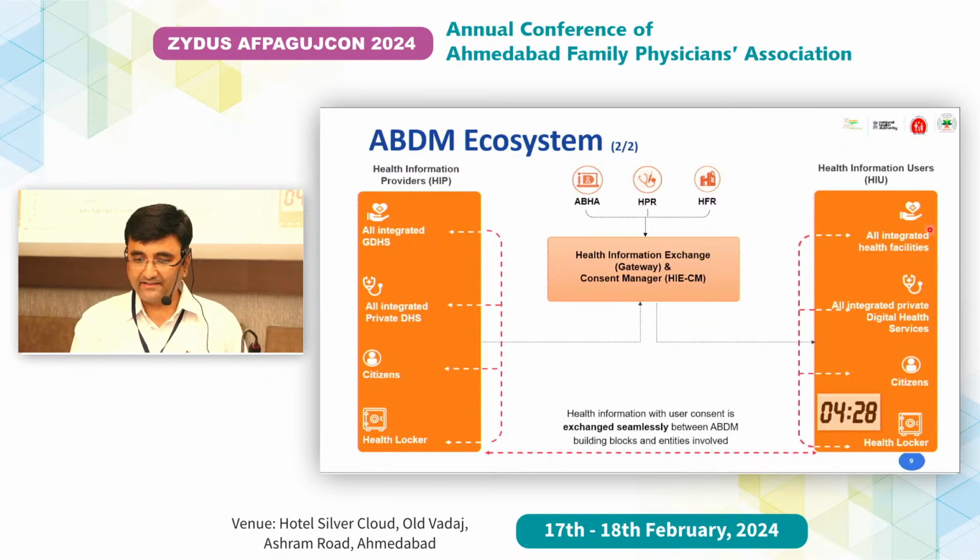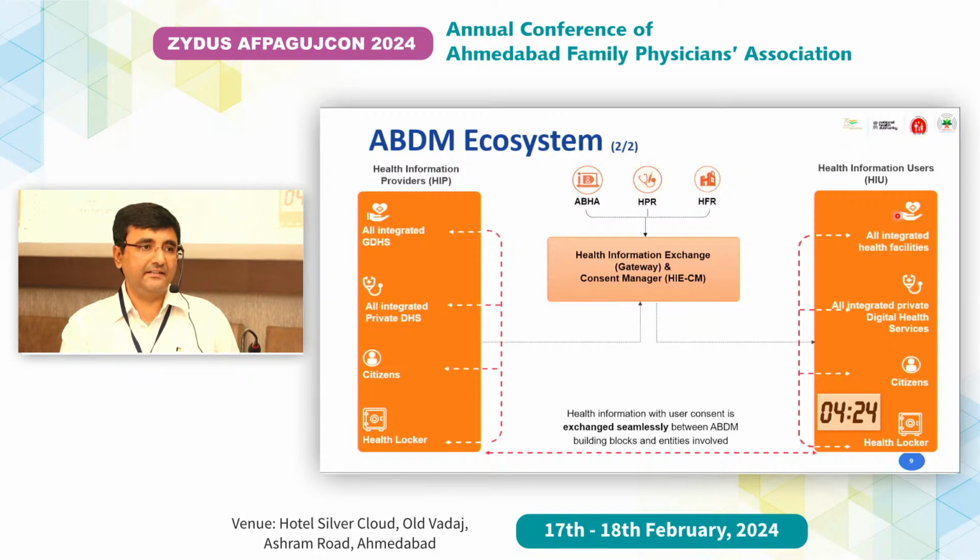On the right-hand side, you have the consumers, the health information users, where data is consumed. But the rectangle that you see in between works as a check and balance algorithm, where the consent is checked. So unless and until the consent is received and authenticated, the exchange will not take place.